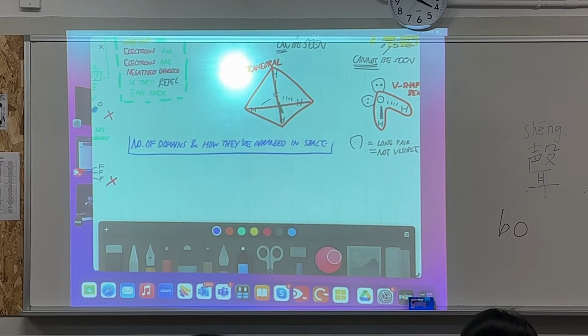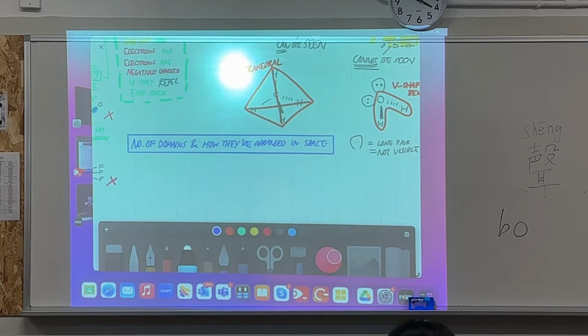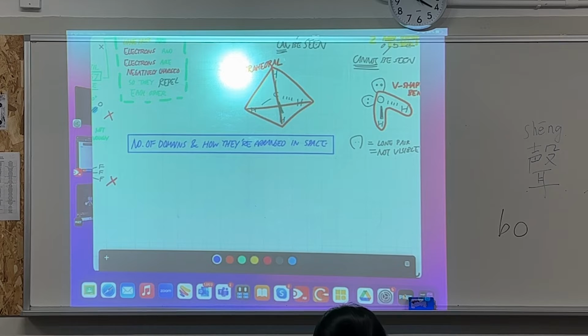If you have two domains, two groups of electrons, how many degrees apart will they be? 180, right? Can you draw two domains here first? The two domains will be 180 degrees apart. When you have three domains, how many degrees apart will the domains be?